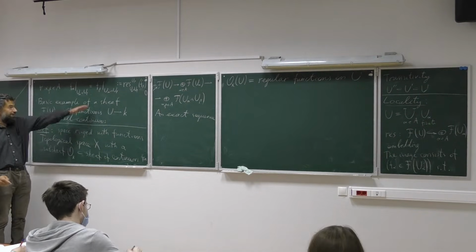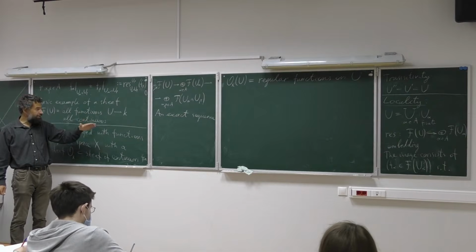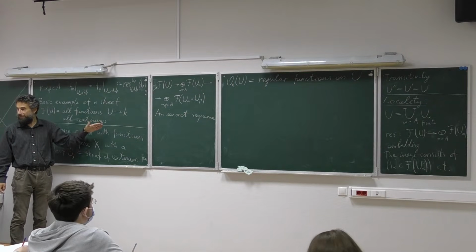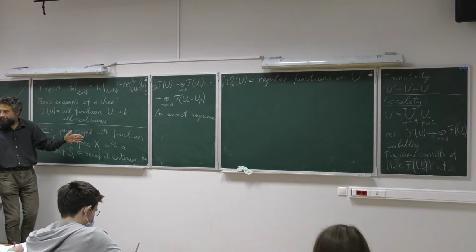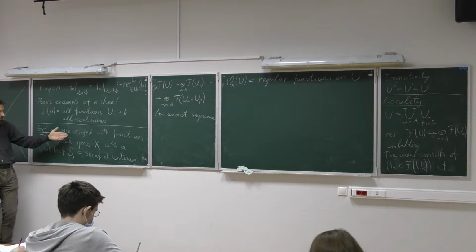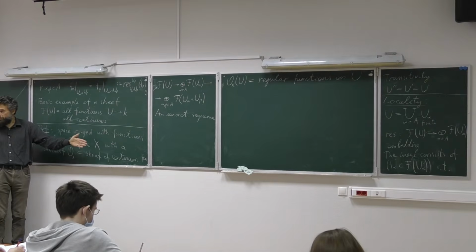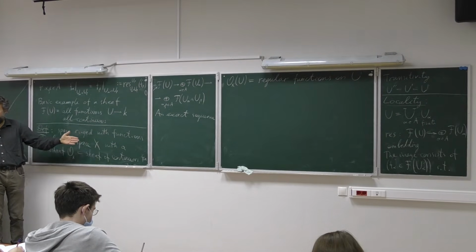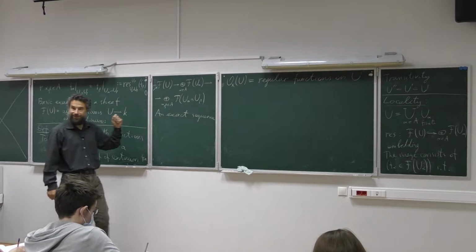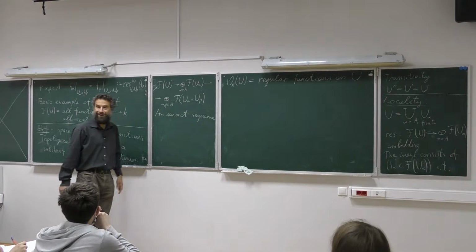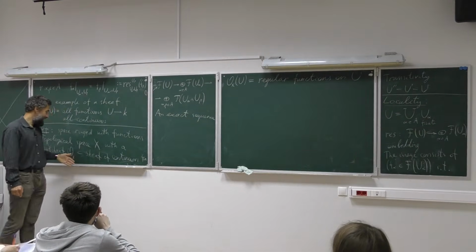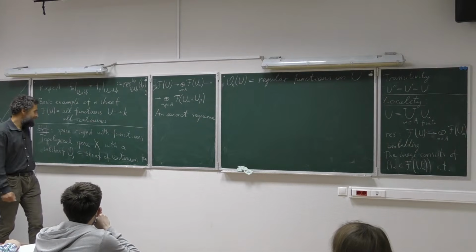For example, all functions, or just continuous functions, or maybe constant functions, I don't know. It's up to us. But then it will lead to different notions of ringed space on the same topological space X. Once again, this choice is important, and we have to specify it each time we speak about a ringed space.